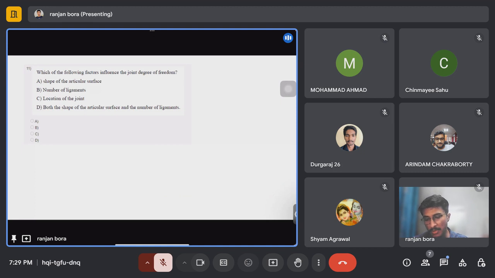Which of the following factors influence the joint degree of freedom? Yeah, it is D, the shape of the articular surface and the number of ligaments.